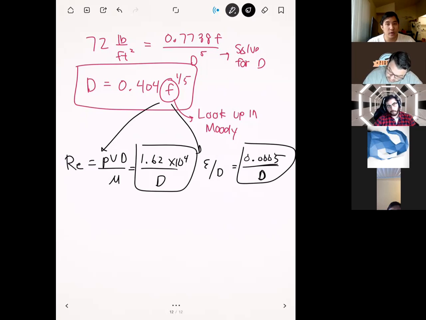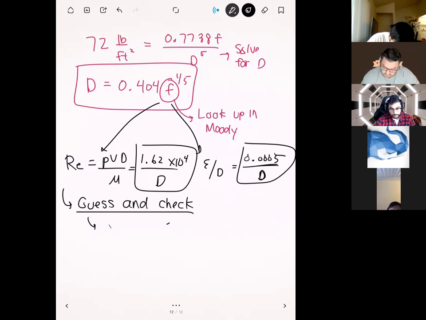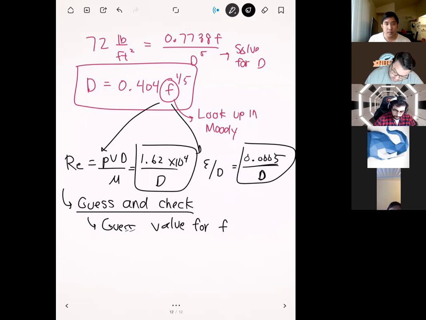We can't really move forward here, at least not explicitly, but what we can do is guess and check. We're basically going to guess a value for F, plug that in, solve for a diameter, and then check our results with the Moody chart.